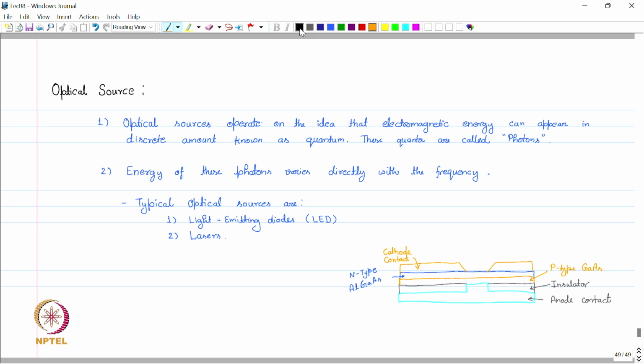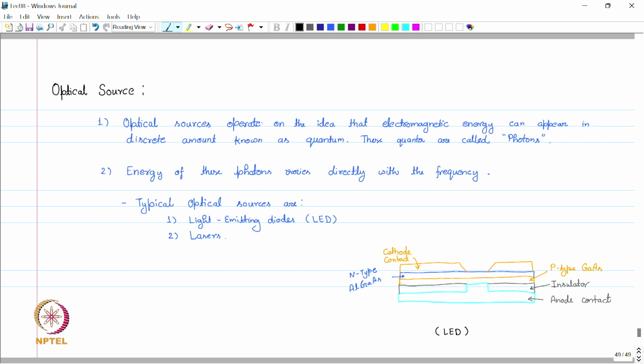So, this is a typical structure of an LED or light emitting diode. In this structure we have an anode and cathode, and in between we have layers of aluminum gallium arsenide and gallium arsenide.